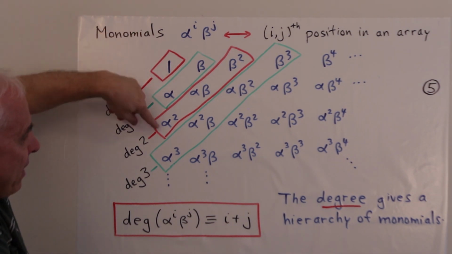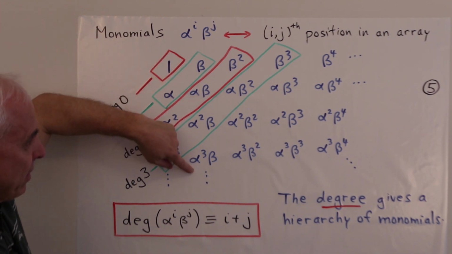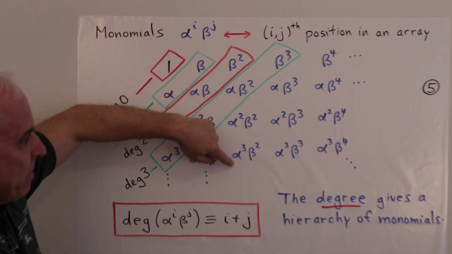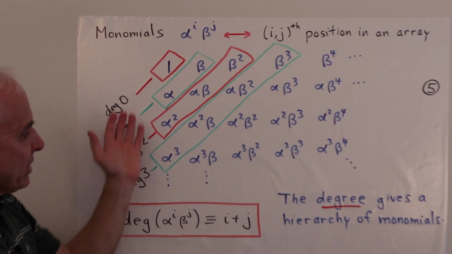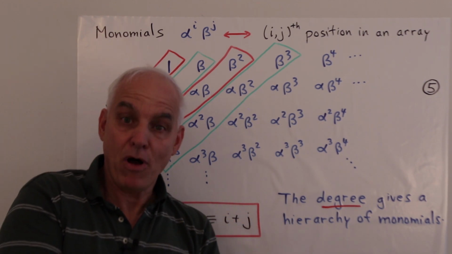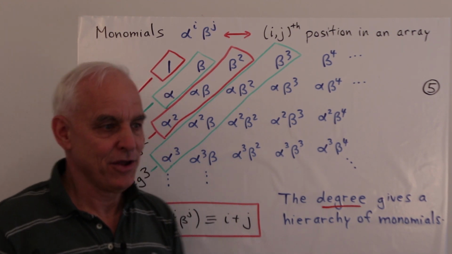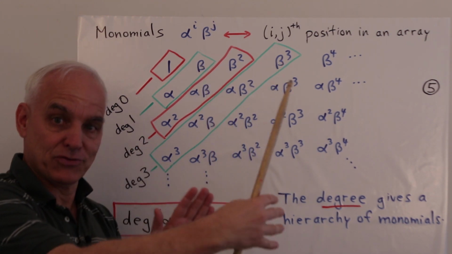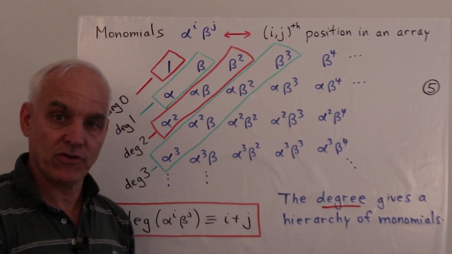And then alpha, alpha squared, alpha cubed, beta, alpha beta, alpha squared beta, alpha cubed beta, beta squared, alpha beta squared, alpha squared beta squared, alpha cubed beta squared, and so on. This is a very nice array because then it allows us to immediately see how a general bi-polynumber corresponds to a familiar polynomial in alpha and beta. You just take the coefficients given by the actual entries of the bi-polynumber and multiply them by the corresponding monomials that correspond.